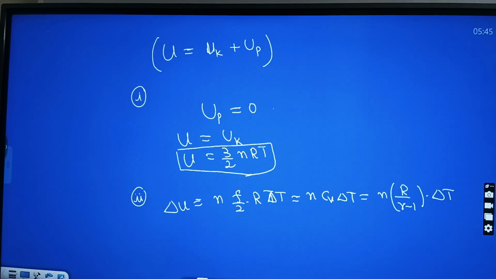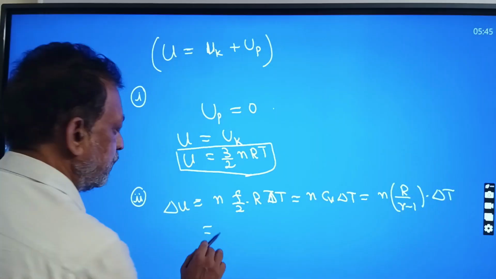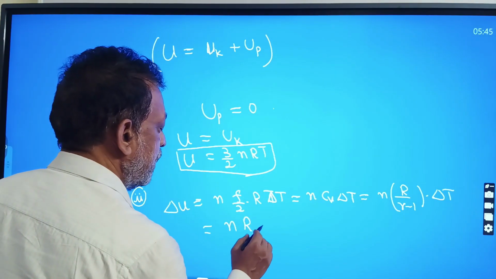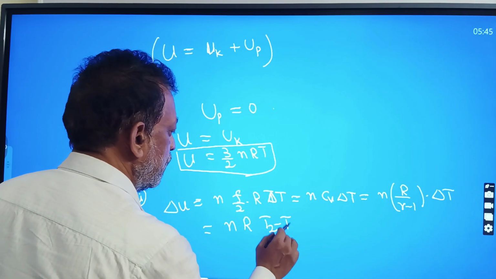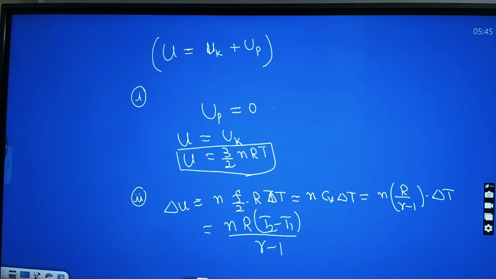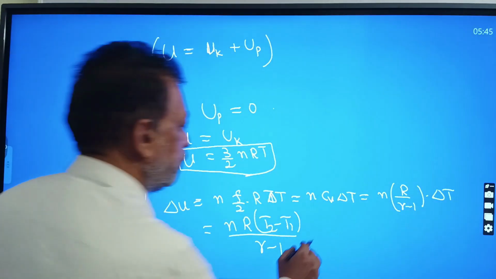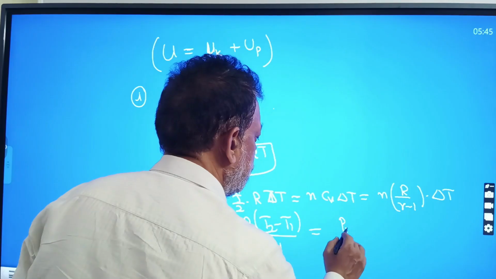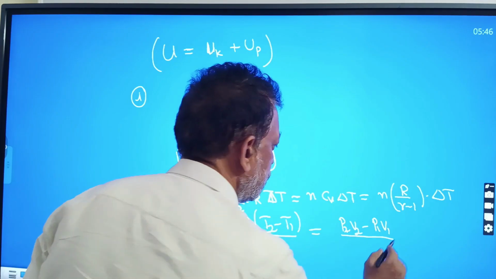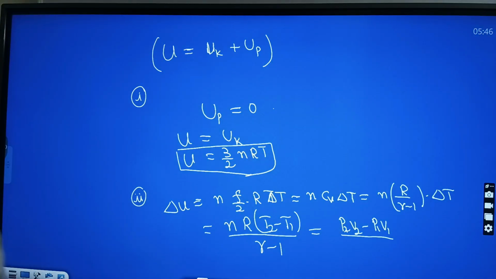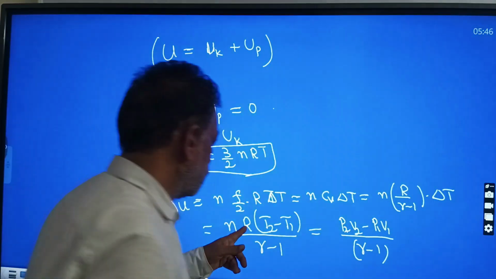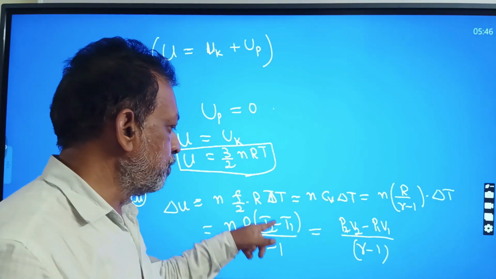Continuing, that is equal to n R delta T, that is T2 minus T1, divided by gamma minus 1, for an adiabatic process. So that is equal to P2 V2 minus P1 V1 by gamma minus 1. How did we get this? We take R T2 minus R T1.